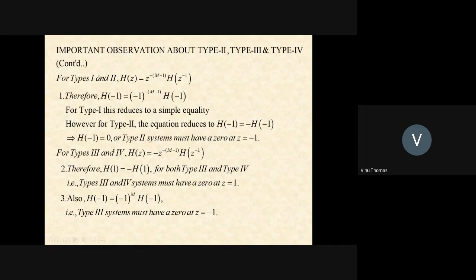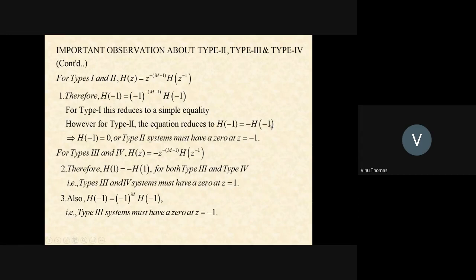However, for type 2, you have h of minus 1 is equal to minus 1 the whole raised to minus (m minus 1) into h of minus 1. Now you see that for type 2, m is even, so m minus 1 is odd. So minus 1 the whole raised to minus (m minus 1) therefore returns a value of negative 1. So for type 2, this equation becomes h of minus 1 is equal to minus of h of minus 1.